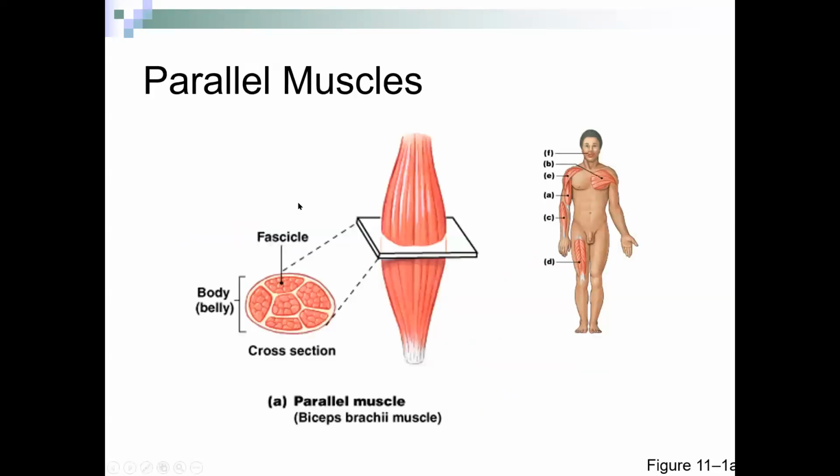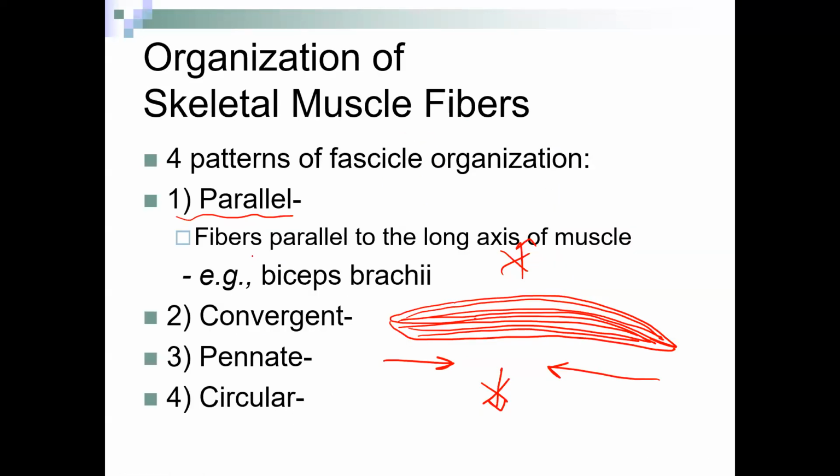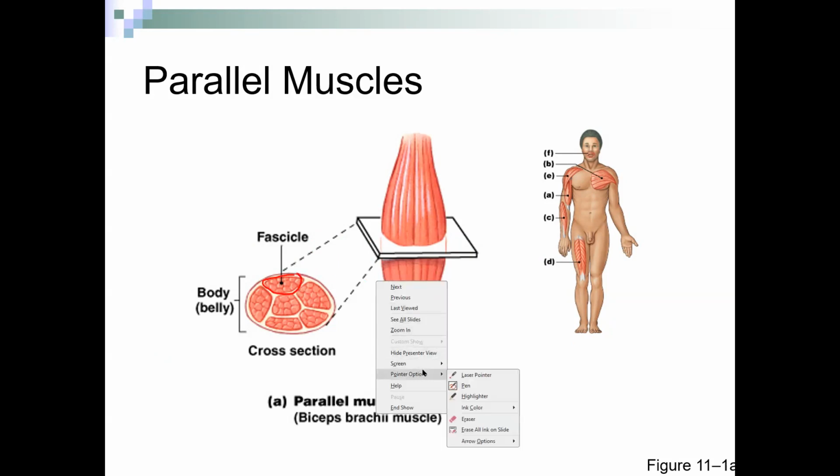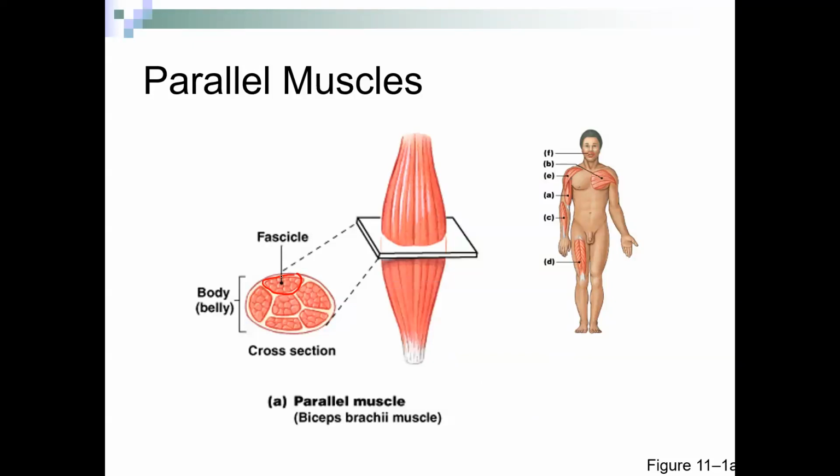So here we go. Parallel muscles, remember, the fibers run along the same axis of the muscle. They all run parallel. And remember, within the muscle, you have fascicles, which are bundles of muscle fibers.